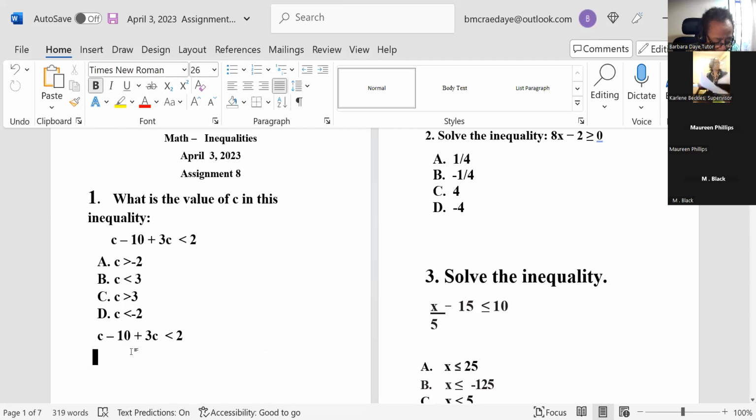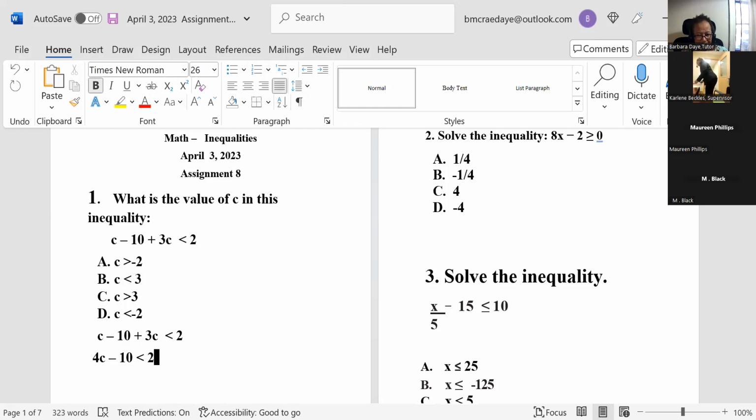So you have 4C by combining the 1C plus the 3C, because you add the coefficients, right? So we have 4C minus 10, less than 2.